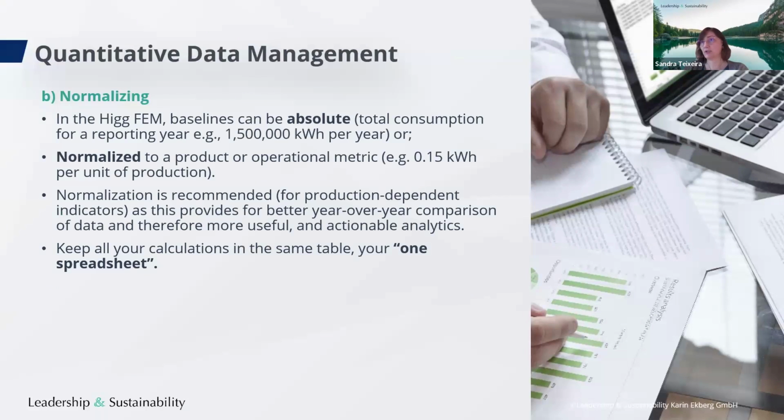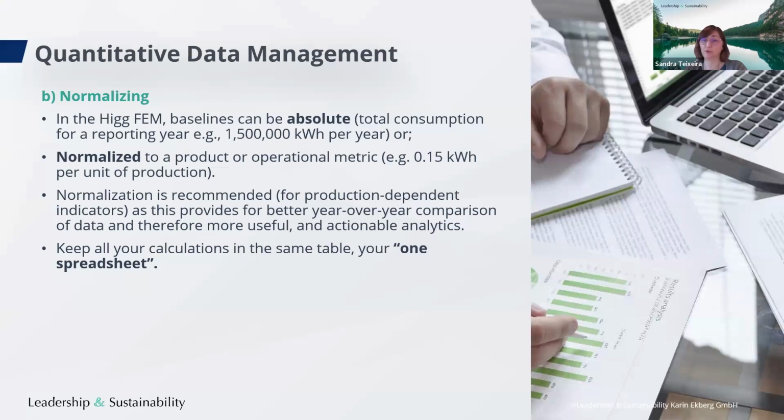Regarding the normalization, in Higg FEM, the baselines that you are setting can be either absolute total consumption of the reporting year, shown in kilowatt per year, or can be normalized to a product or operational metric like kilowatt per unit of production, that unit could be kilos, could be pieces.